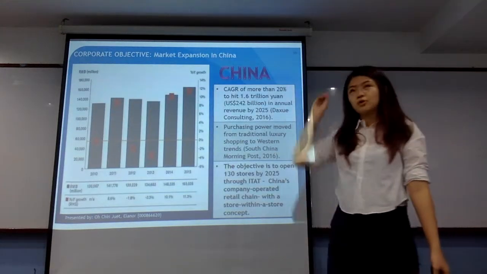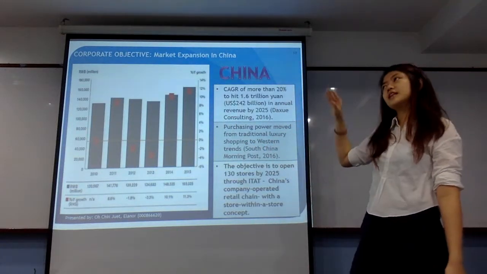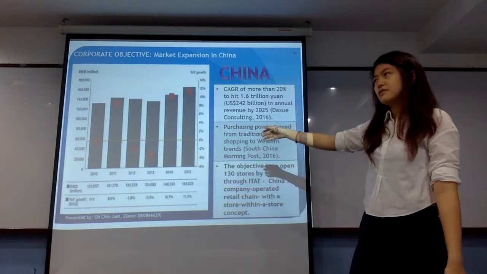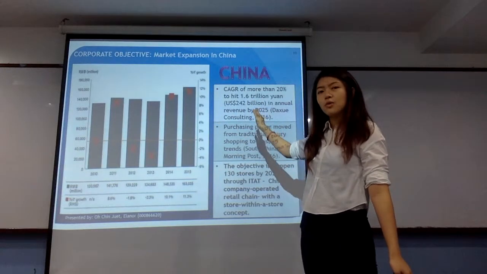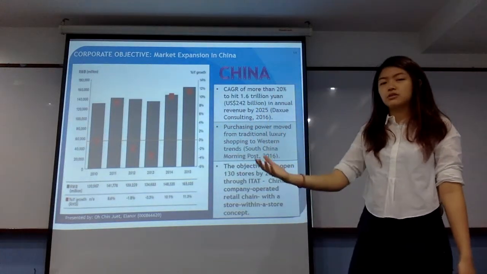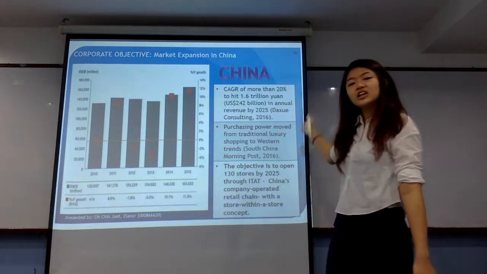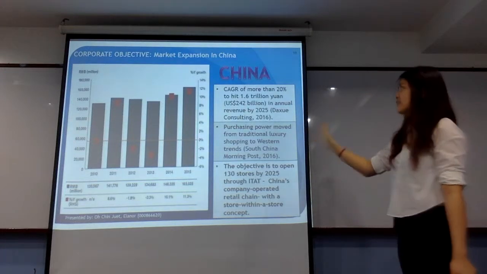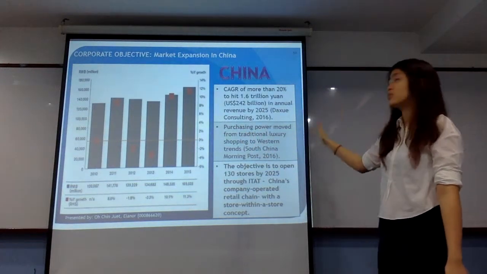I would like to go to a more focal point, which is China right now, representing the Asia Pacific region. As you can see here, their year-on-year growth is very healthy. There are also many opportunities to develop the activewear industry because the CAGR is more than 20% in China, and it is expected to hit billions in revenue by the year 2025.